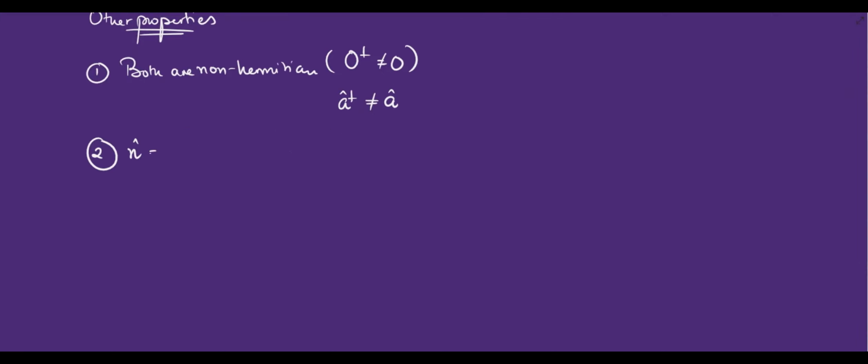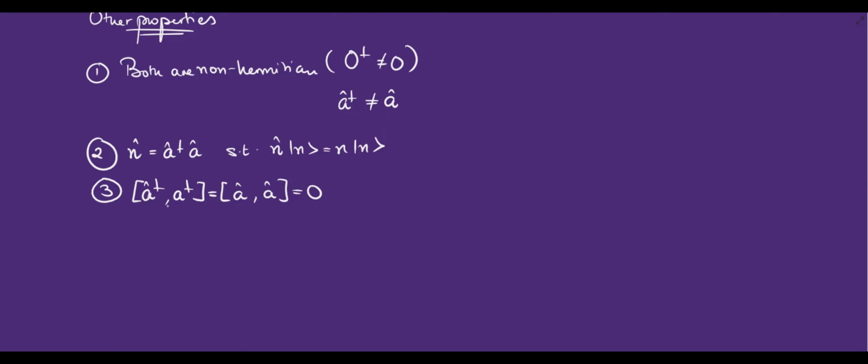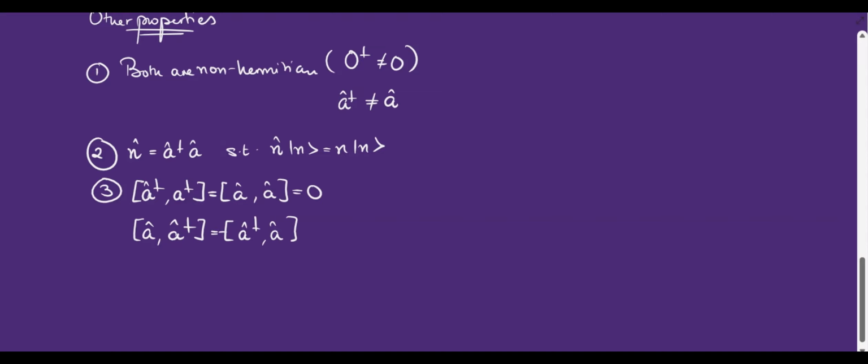Second, n cap is equal to a cap dagger a cap, such that n cap acting on n will give me n into n. Third, a cap and a cap dagger commute with themselves, and the commutator of a cap with a dagger is equal to minus the commutator of a cap dagger with a cap, which equals 1.